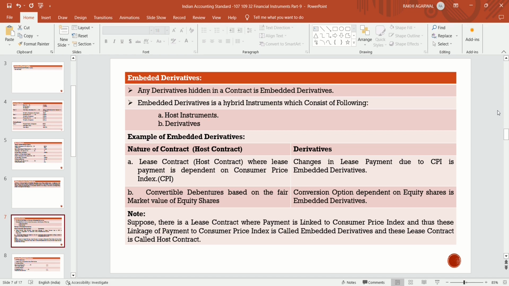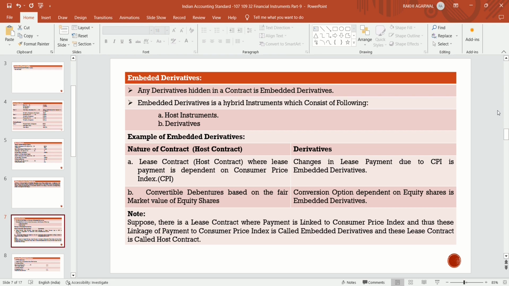Suppose the nature of transaction or host contract. Host contract means the main contract. Suppose there is a lease contract where the lease payment is dependent on the consumer price index. There is a lease contract, and that lease payment is dependent on the market consumer price index.